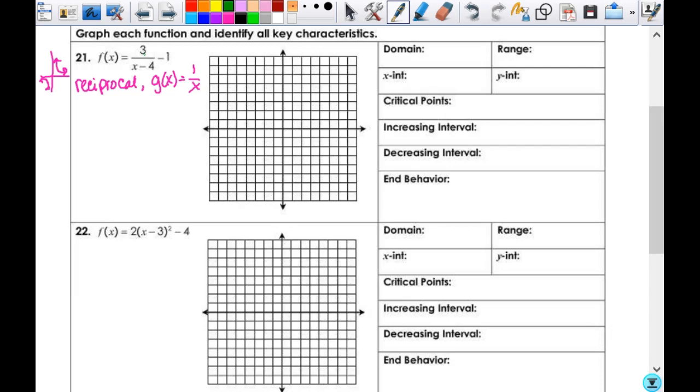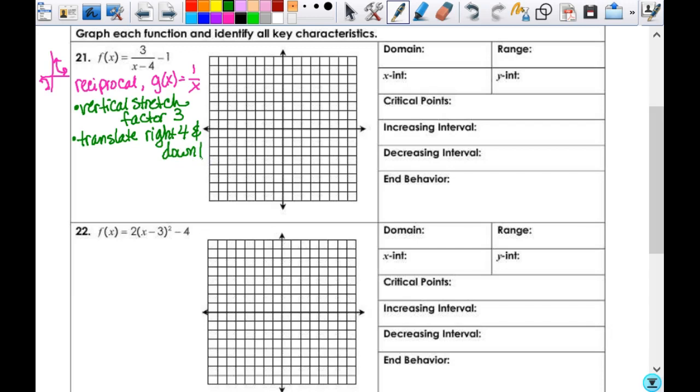So this is going to be a vertical stretch, and the factor is 3. And then I'm going to translate to the right 4 and down 1.